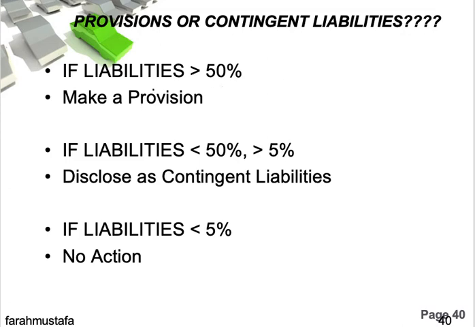If the chances of paying are more than 50%, this is a probable outflow, so it is a provision. If it is less than 50%, there is an addition here: if it is less than 50% but still more than 5% chance of outflow of resources, that means there is a possible outflow, then it will be disclosed as a contingent liability.